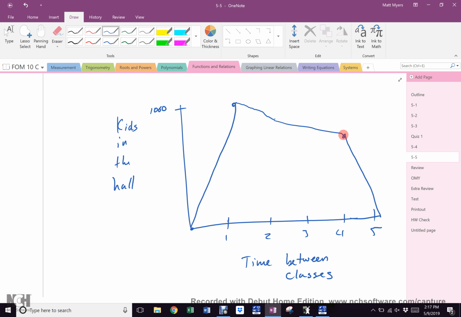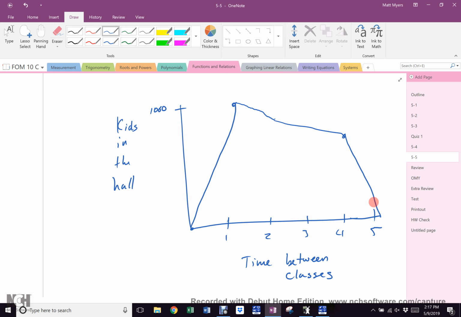Really? How many kids are in the school? If it's discrete, then why have I drawn a line? Because didn't you guys just tell me discrete needs to be dots? You can't have half a kid. So wouldn't this have to be discrete?